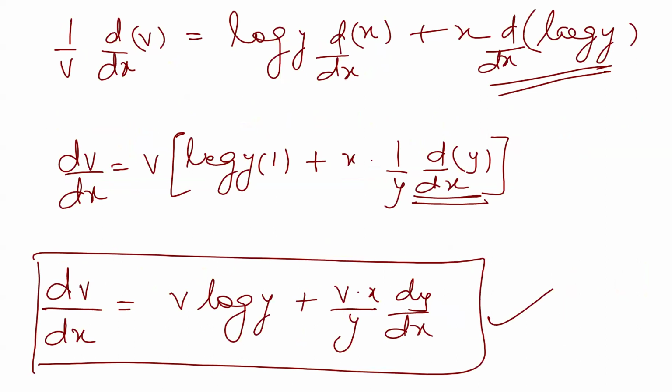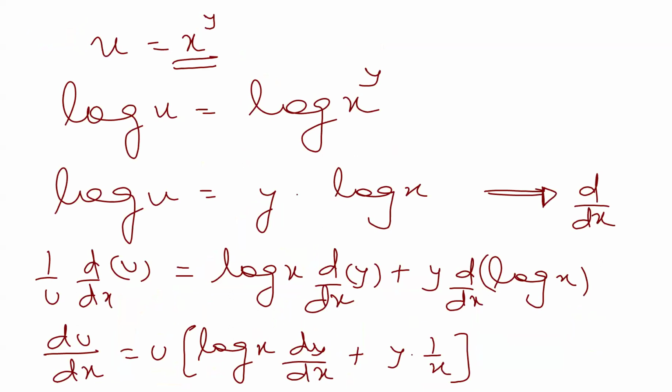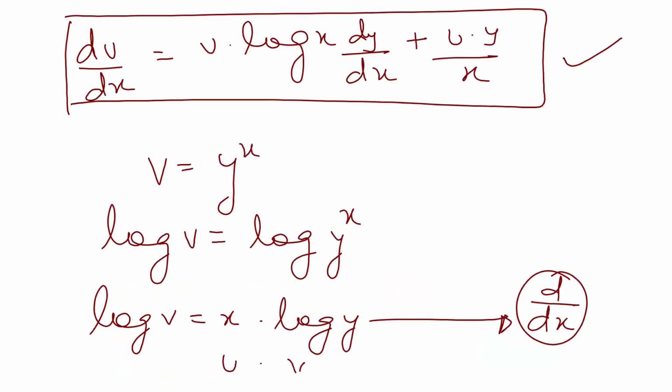I'll show the problem entirely once again. See, this is the first slide. This is the second one. Individually, u and v are solved using logarithmic differentiation. This is the third slide.